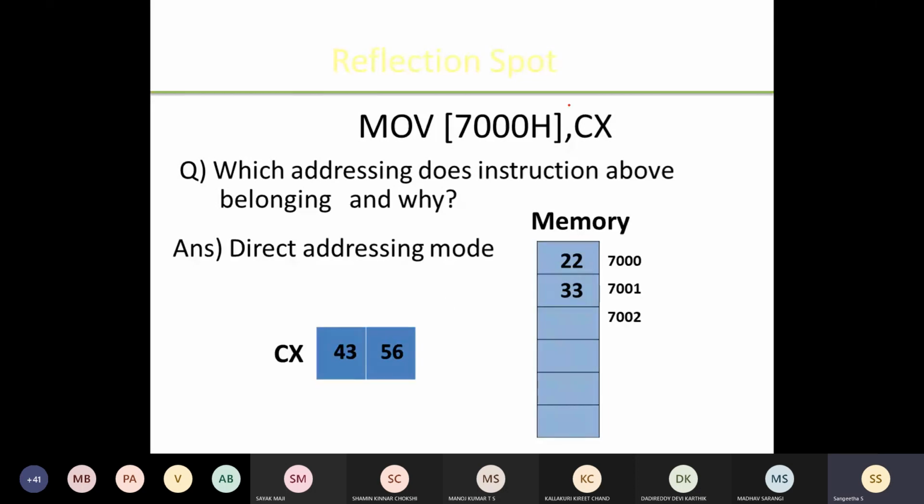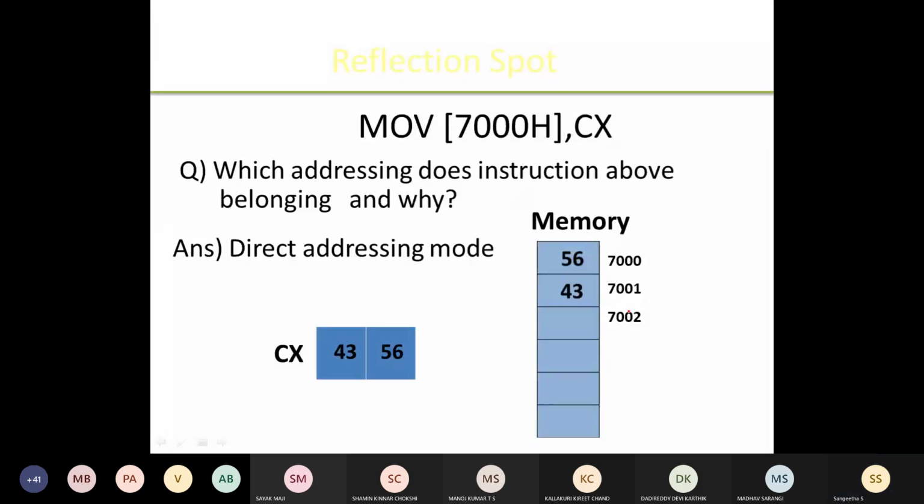Like you have given the offset address in your instruction directly, so it will go to that particular memory location and take the data. That's why it is a direct addressing mode. So here, CX data is going to the particular memory location, like 56 is stored here and 43 is stored in the next location.